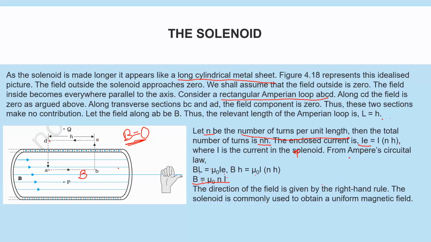Suppose over here, as you can see, this is the direction of the field. The solenoid is thus commonly used to obtain a uniform magnetic field. So a solenoid gives you a uniform magnetic field.